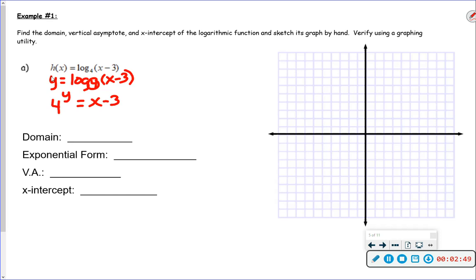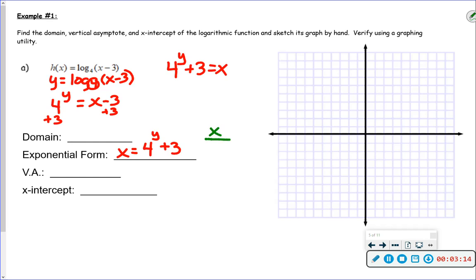Remember, this is the inverse of exponential, so we're not solving for y, we're solving for x. I'm going to rewrite that as 4 to the y plus 3 equals x. So there's my exponential form. I'm going to fill that in on the line. I'm just going to put the x equals first. You cannot combine the 4 and the 3 and make it 7 to the y. They're not like terms. Now, let's get the graph going, and then we'll answer some of these other questions.